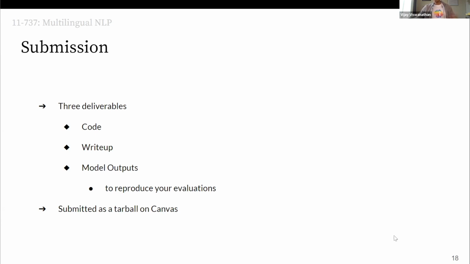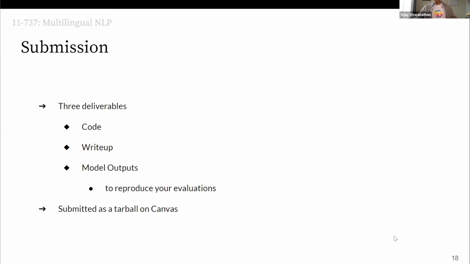We also, and this is probably the most important part, want to see a write-up that provides some solid analysis of the methods described in the assignment. And lastly, we don't want you to submit the actual model files because these are very large and it'll take a long time to upload. But we do want you to submit your model outputs.